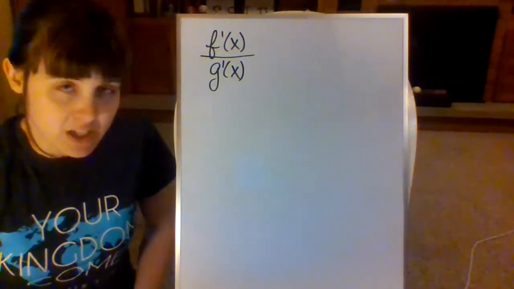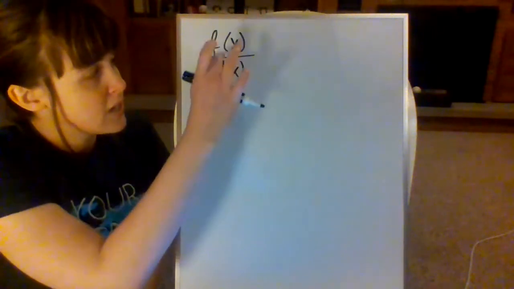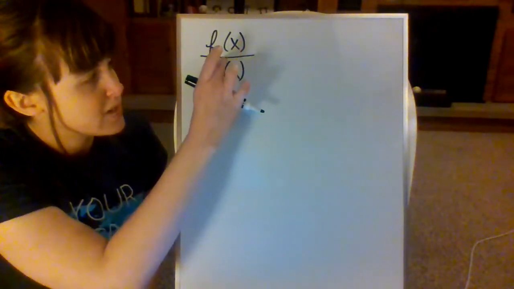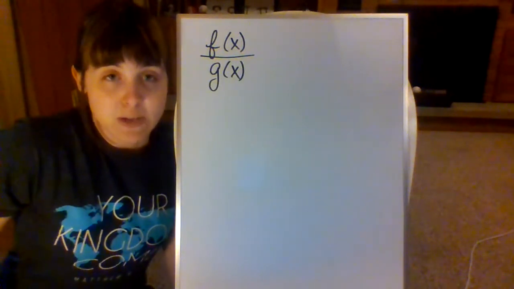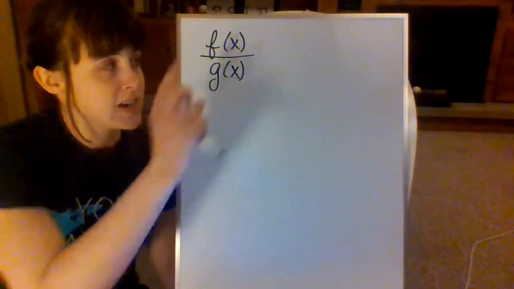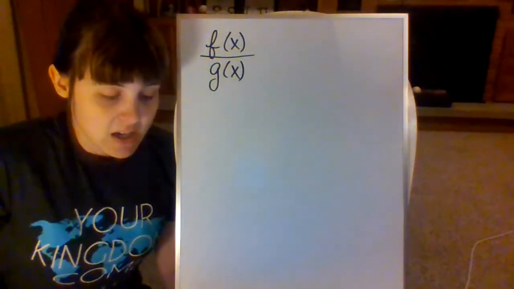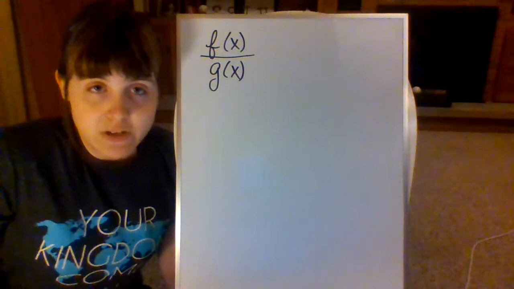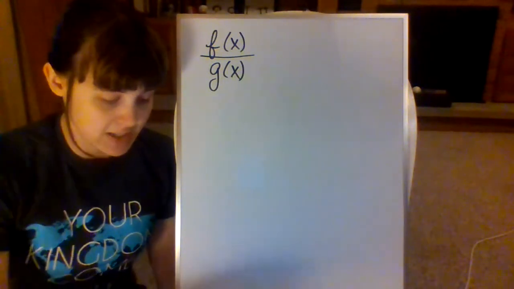Essentially, you're going to be told to find the limit of f of x over g of x as x approaches c, and you're going to have some kind of problem with that, so you'll have to find the derivative of the top part and the bottom part, and then you can substitute in what x is approaching. Alright, so we're going to try example 1.